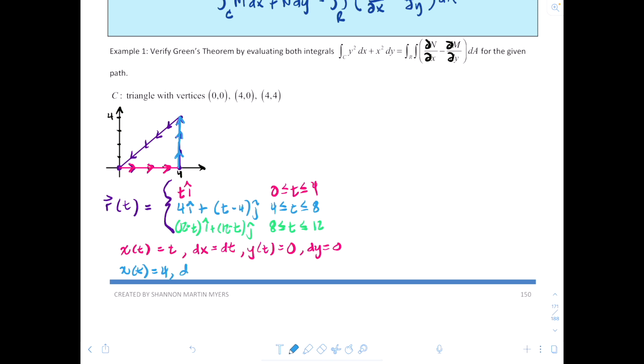Sorry about the dogs. dx will be 0. y at t was t minus 4, and so dy is equal to dt.